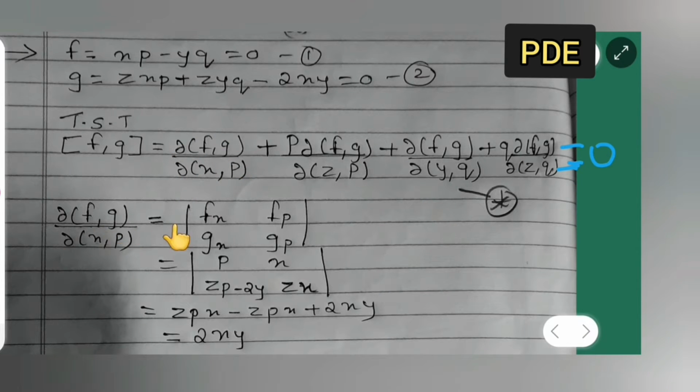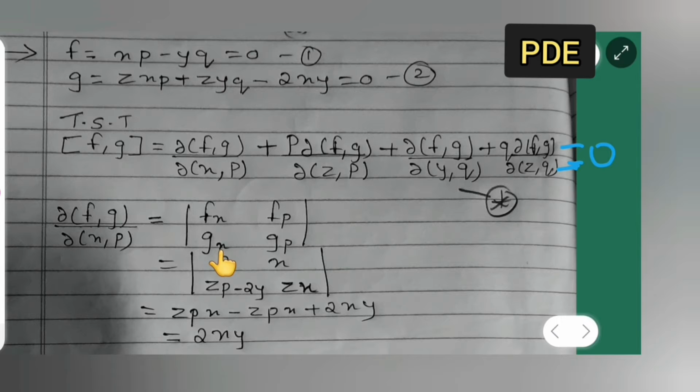How you are going to prove is, fx, fp, then gx, gp, right over here. Now what is fx? Differentiate equation 1 with respect to x, you are going to get p, plug it here. fp is what? With respect to p, differentiate this f, so you are going to get nothing but x, plug it over here.